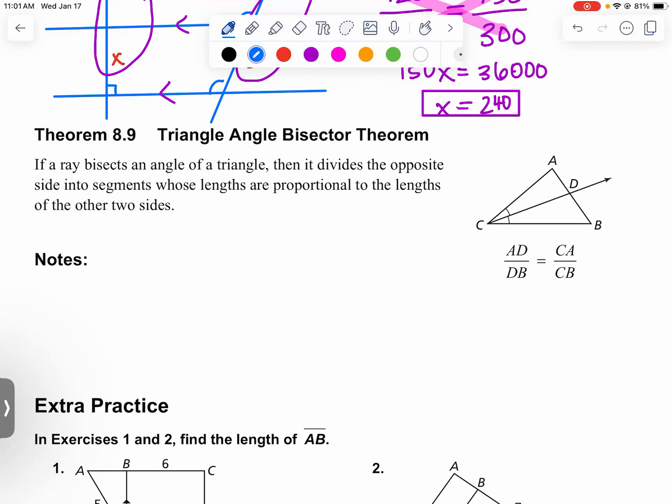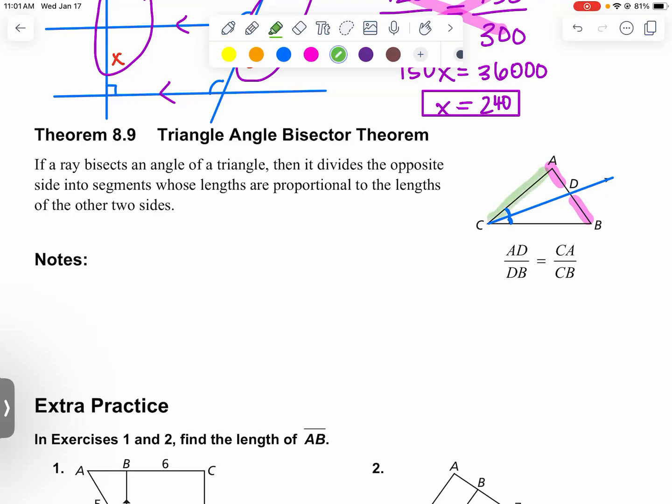What? Okay, so here we go. We have an angle bisector. That's this guy. Notice how these two angles are congruent. So what's happening? It is breaking up this side into two pieces.